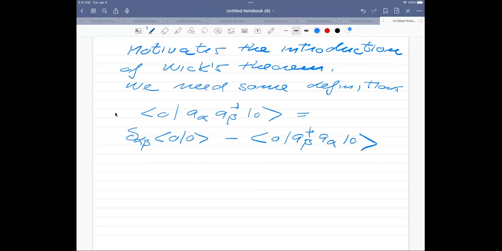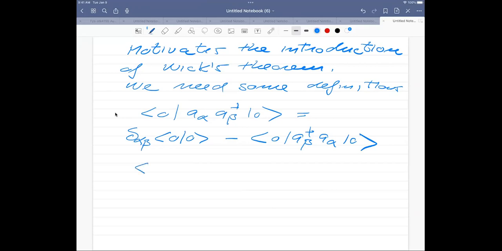This is just using the anti-commutation rules. Normally we skip the |0> and write this in a more compact way, but let's wait a little bit with that.